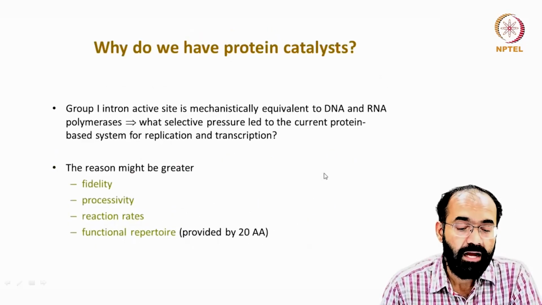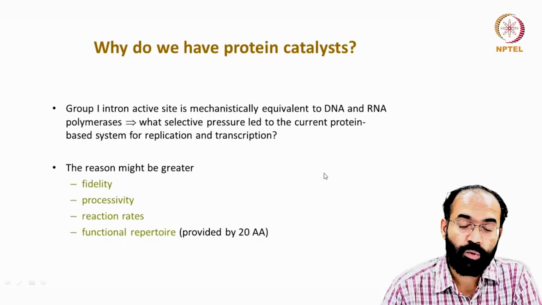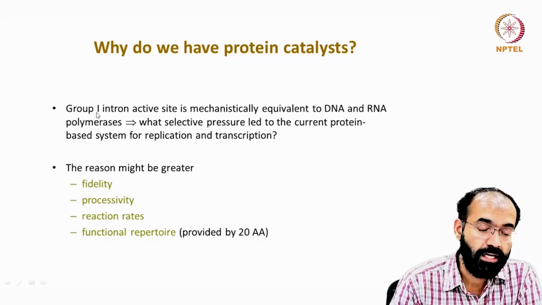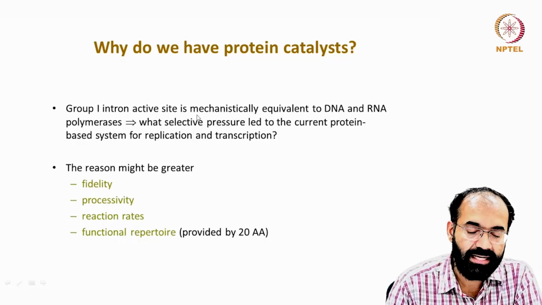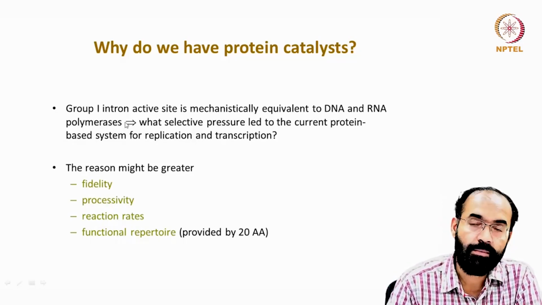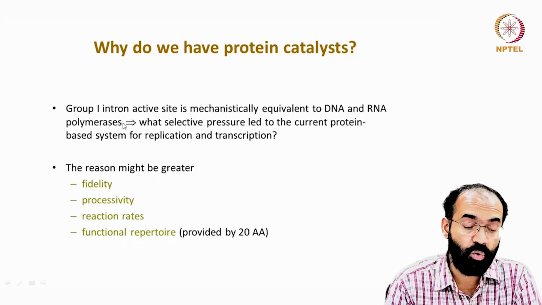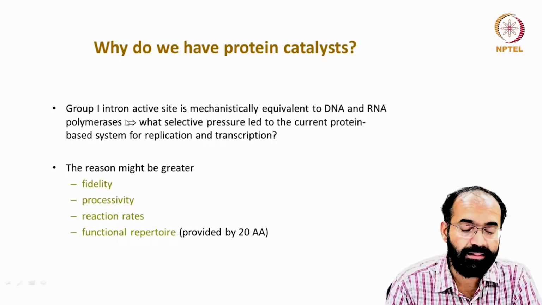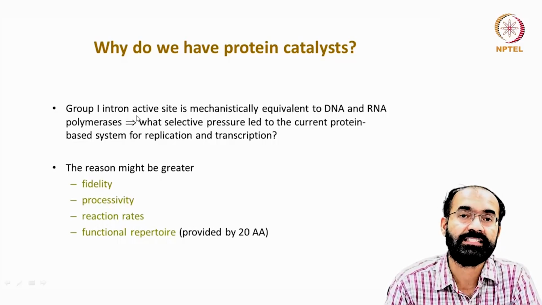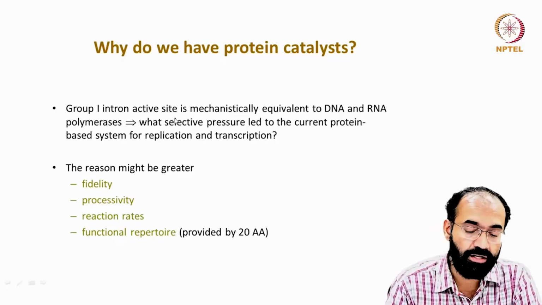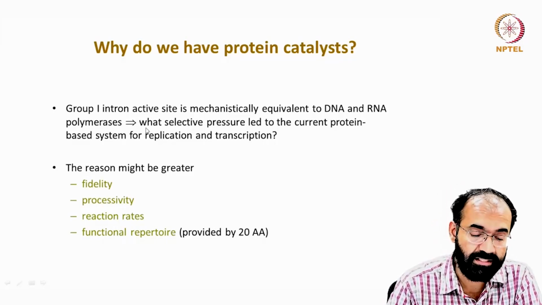Why do we then have protein catalysts? We need an explanation for that. We have seen that the group 1 intron active site is mechanistically equivalent to that of DNA and RNA polymerases, which are nothing but protein enzymes.